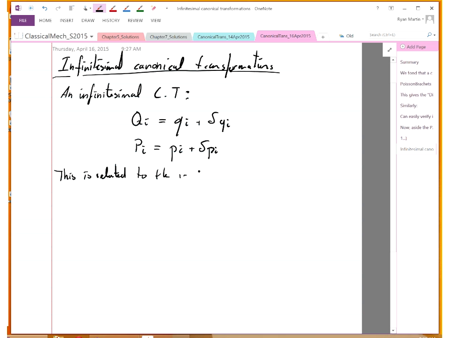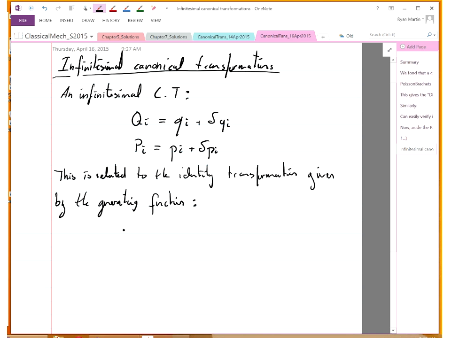So this is related to the identity transformation given by the generating function.